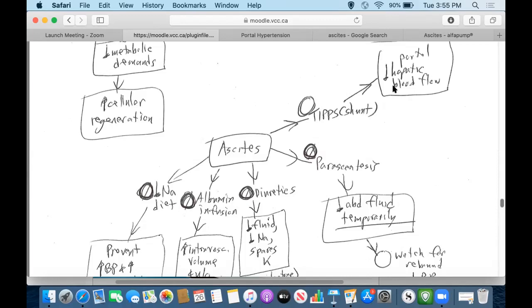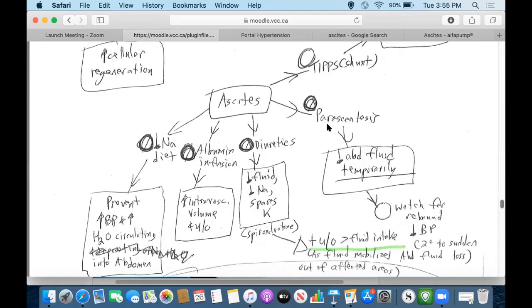These are a few examples. So if you can shunt blood away from the portal region, that's good and bad. It's good because you decrease portal hypertension. It's bad because then the blood doesn't really get to the liver, and how's the liver supposed to do its job? So it's a catch-22, but it's one thing.